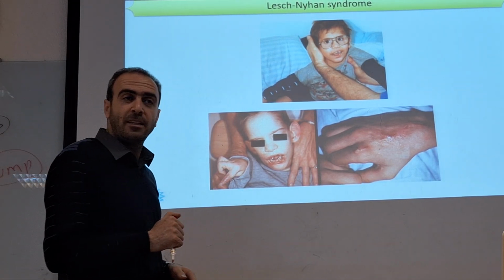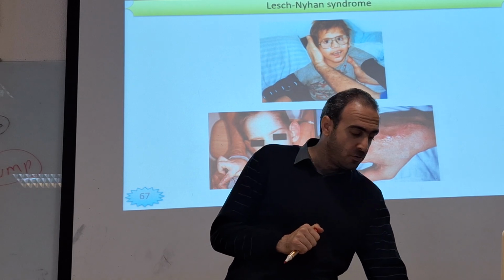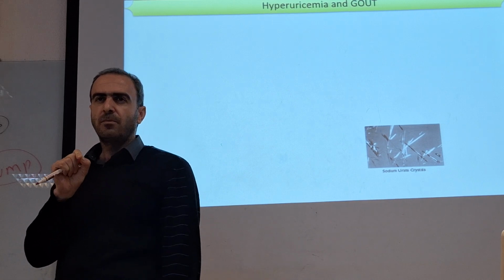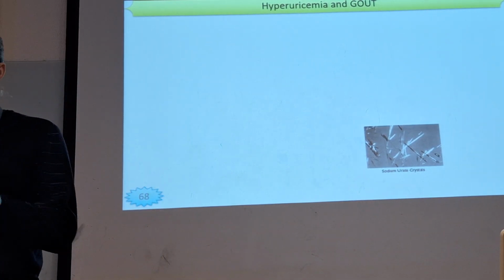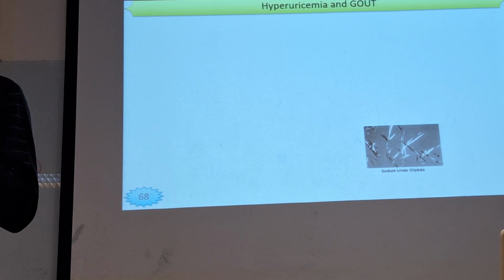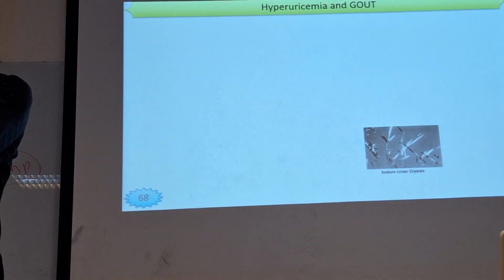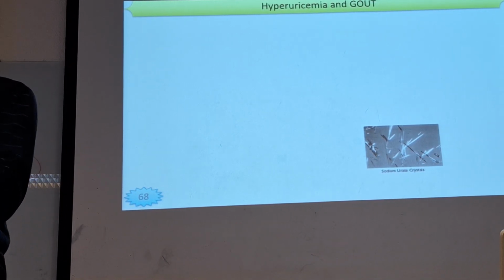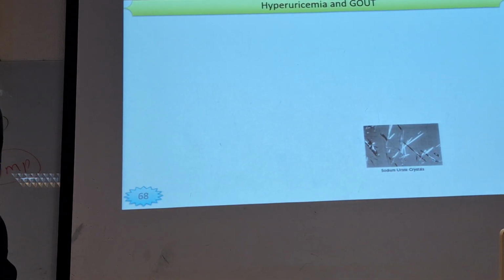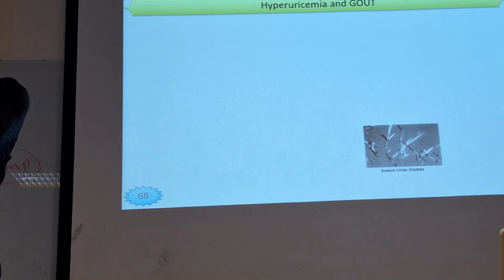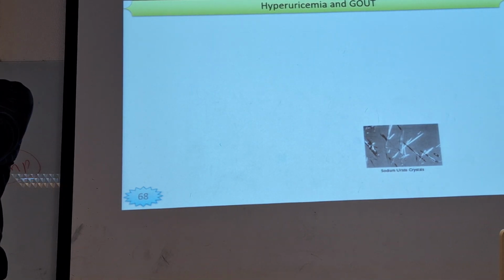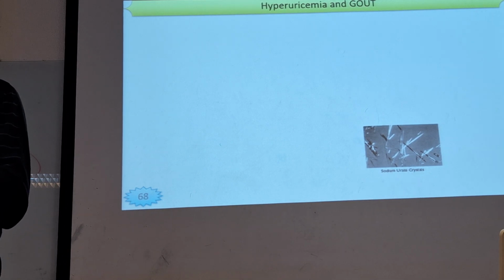Uric acid is accumulated in the soft tissue, and the structure is like a needle. It produces needles, especially in the lip, in the finger, in the soft tissue, and leads to a lot of pain. And they just want to bite it to release the pain. Also in the joints it accumulates. Here, in the finger, this finger, the toe, also in this area of the ear, uric acid is accumulated.